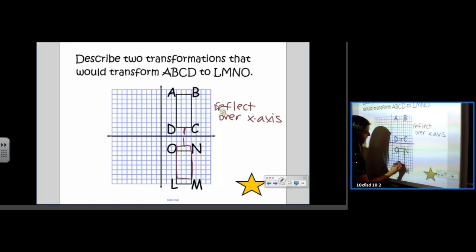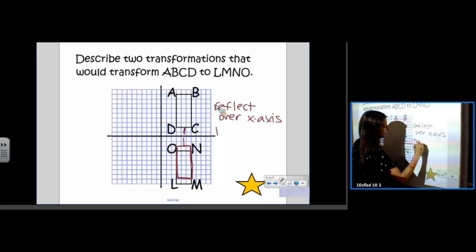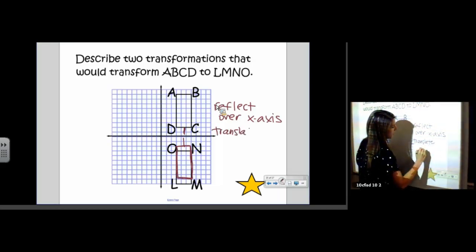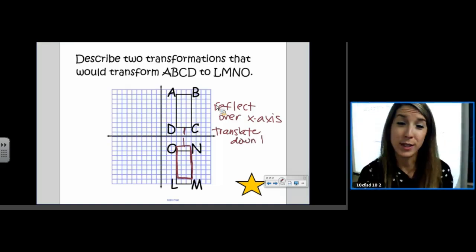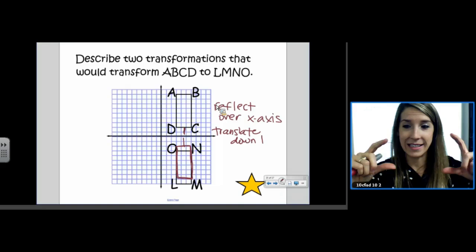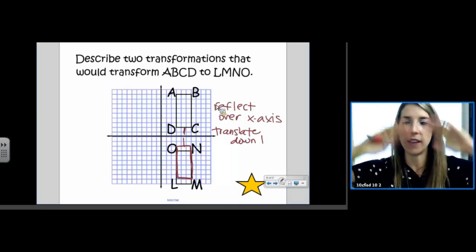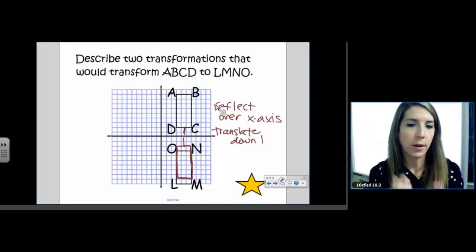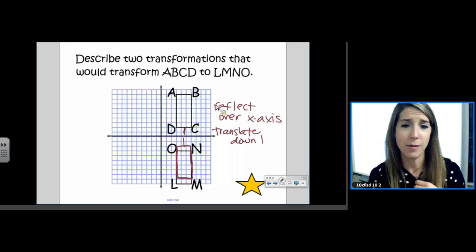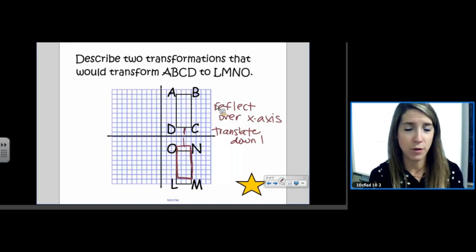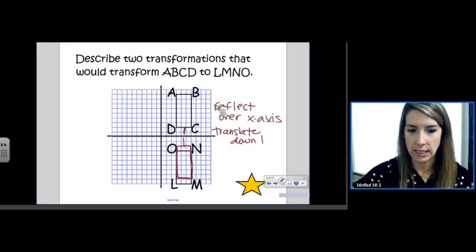So if you land here, then you would need to translate down 1. Of course, you could reverse those. Like some people did, you could translate up 1, then reflect over the x-axis. But I'm pretty sure it needed to be a translation and a reflection. You could reflect it over the line y equals -1 and then move it. There were a couple of things you could do, but most of them were reflection and translation.